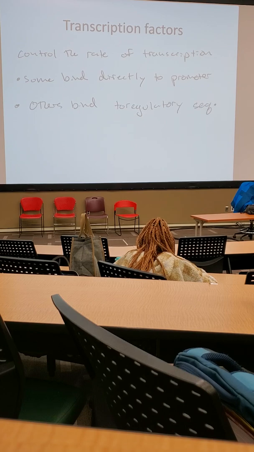So in prokaryotes, we have kind of this limited promoter, and we'll see how that's organized kind of after the exam. But in eukaryotes, the enhancers and silencers are much more complex. So we don't want to just say it's only binding to the promoter. We can say it's binding to any regulatory region that's important for transcription.